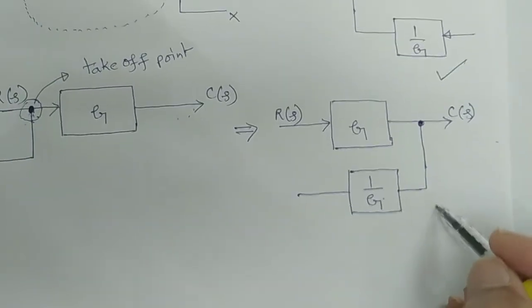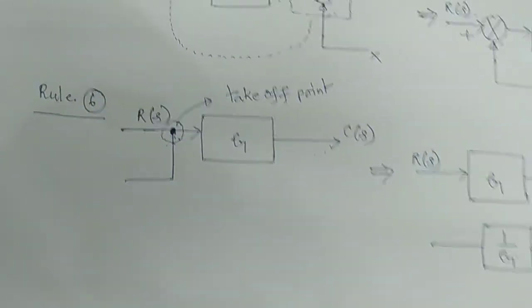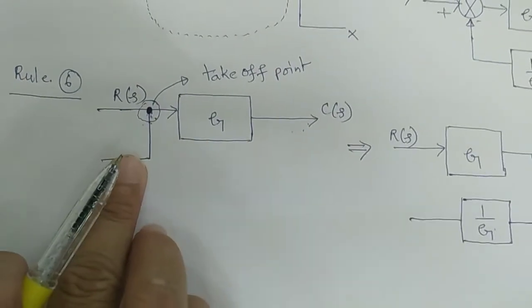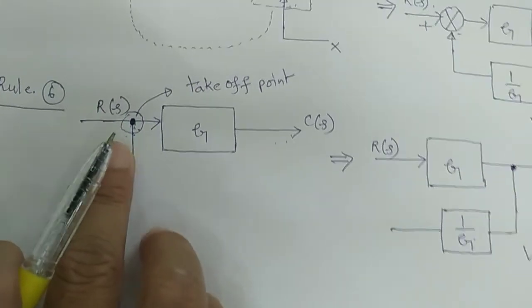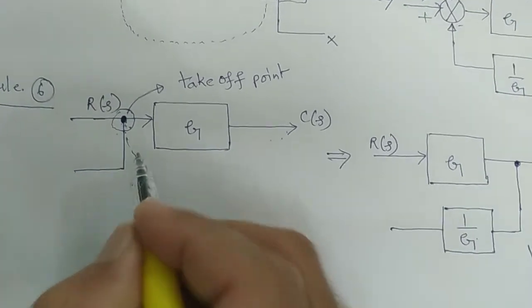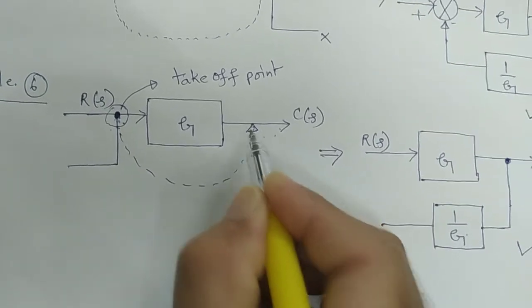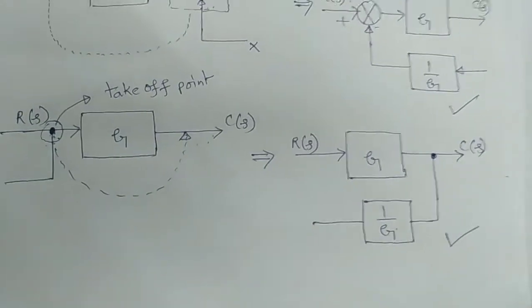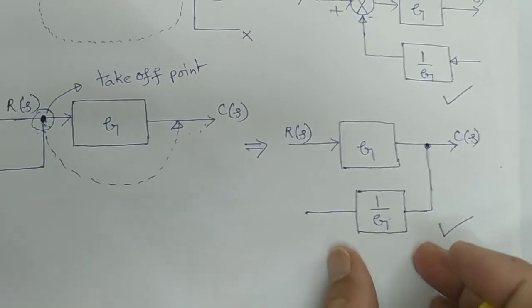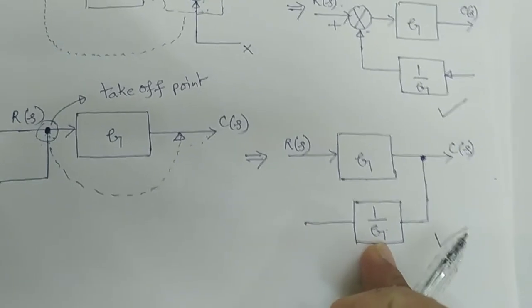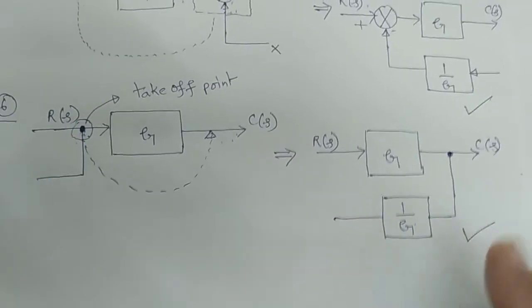So this is your rule number 6: if the take off point is before the block and we want to shift it after the block, then you have to represent it in this way. This is the simplification.